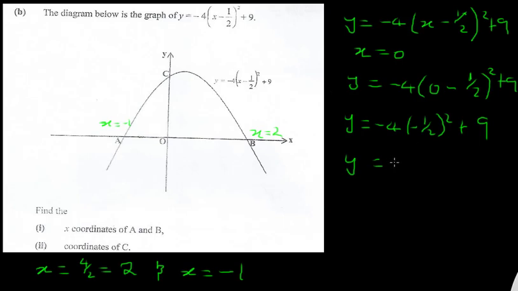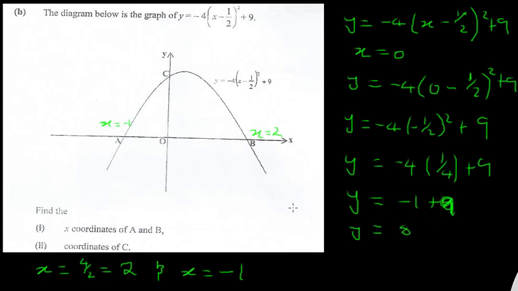And then we would have minus 4 multiplied by, this will simply give us 1 over 4, plus 9. And we would have y equals minus 1 plus 9.